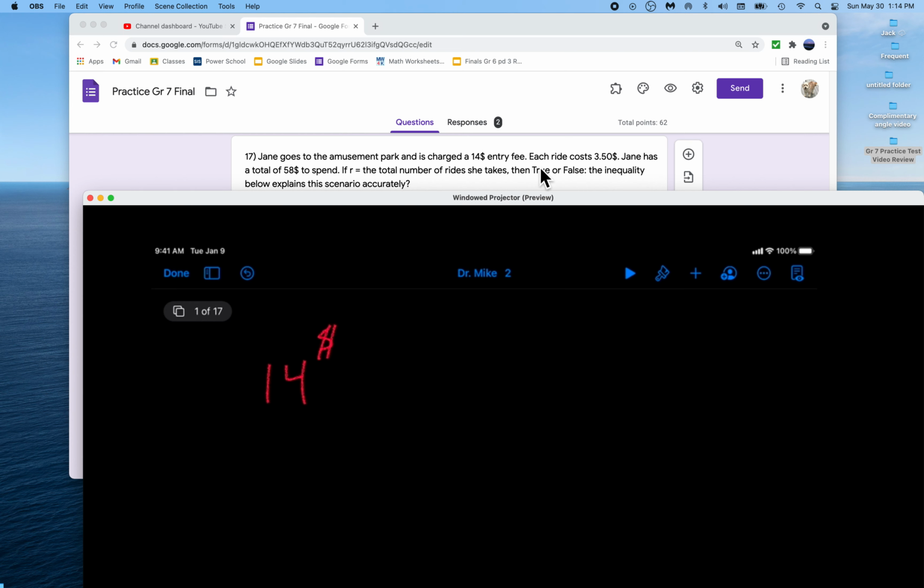So each ride tells me that $3.50 is going to be multiplied by something. She has a total of $58 to spend. Okay, so I'm going to put $58 over here. Each ride is $3.50 per one ride.